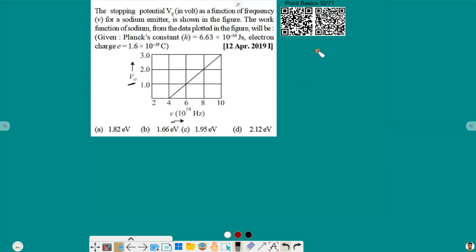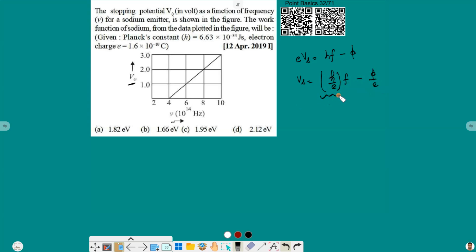Now we have the relation between the stopping potential and energy from Einstein's photoelectric relation, that eVs is equal to energy, that is hf minus phi. Now as the graph is between Vs and frequency, we can write that Vs will be equal to h by e times frequency minus phi by e.